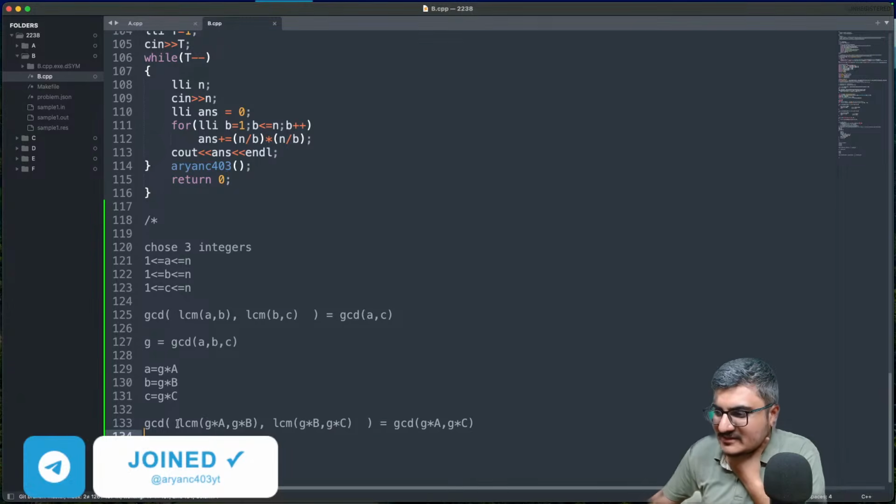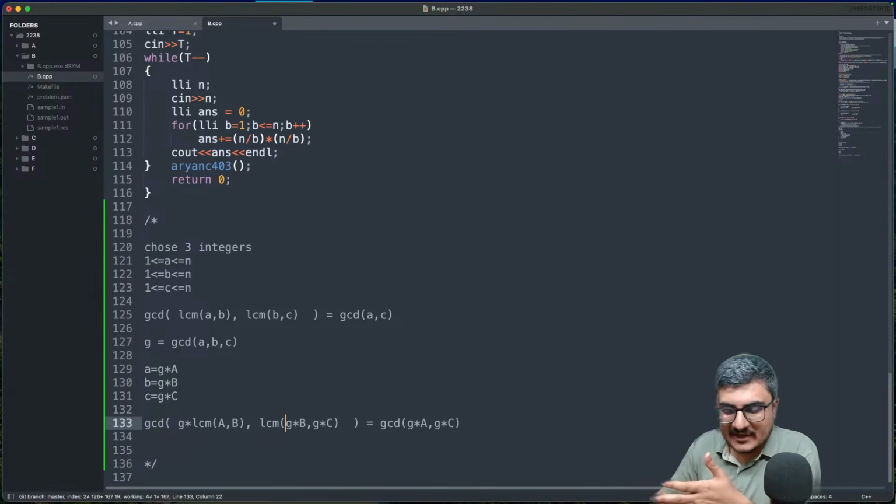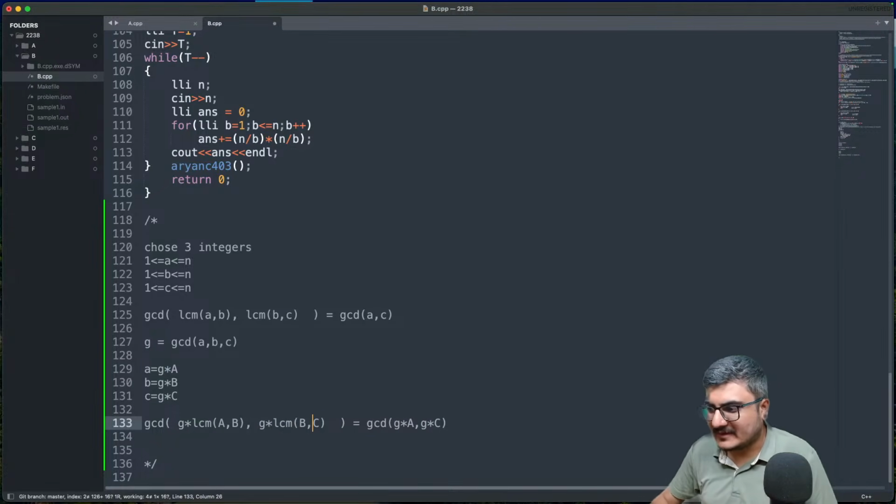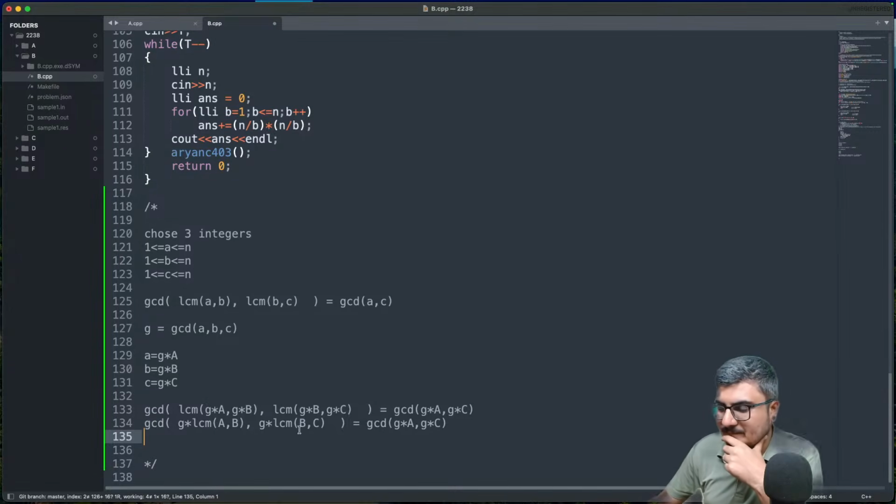Now the crux is that if there is a common element that multiplies both of the elements in the GCD, then I can actually move this element out. Because if there are two numbers that are multiples of 2, then their LCM would also be a multiple of 2. Looks fine, right? This is how I can write this equation. And now we have this G again that multiplies both the elements and we want to take a GCD out.